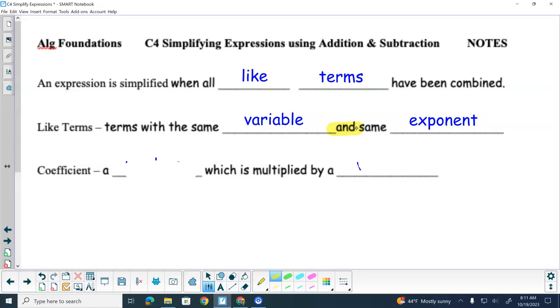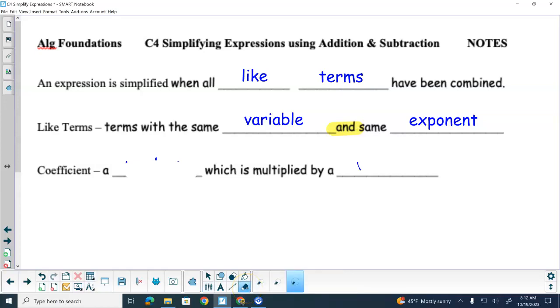So x squared and x are not like terms. Okay? Because they have the same variable, yes, but they don't have the same exponent. X squared and y squared are not like terms. They don't have the same variable, but they have the same exponent. Okay? So we have those two.